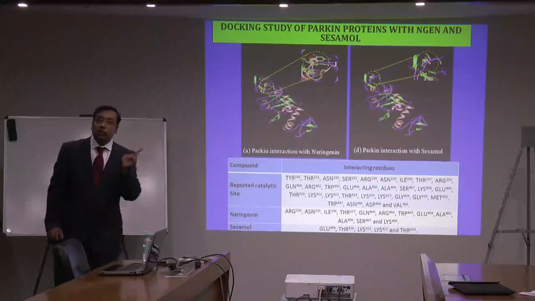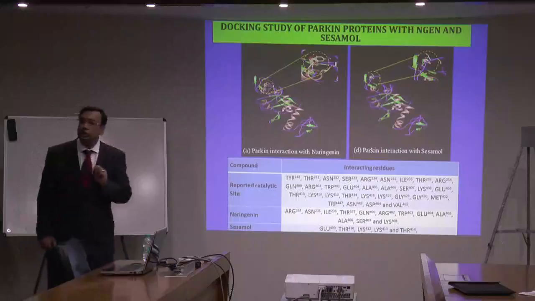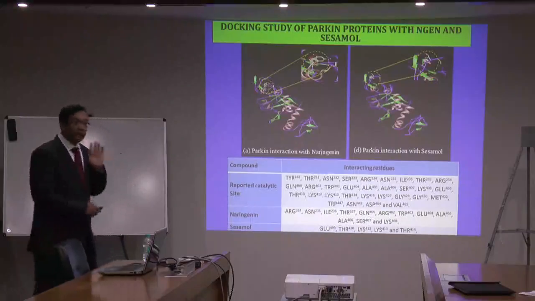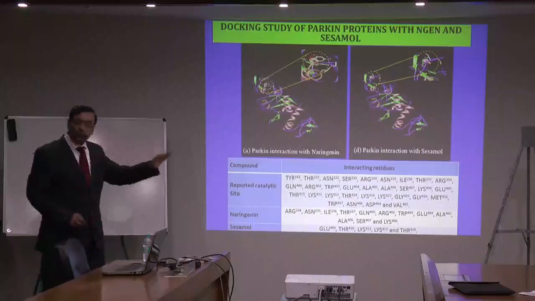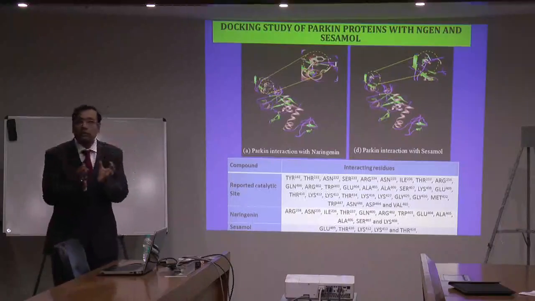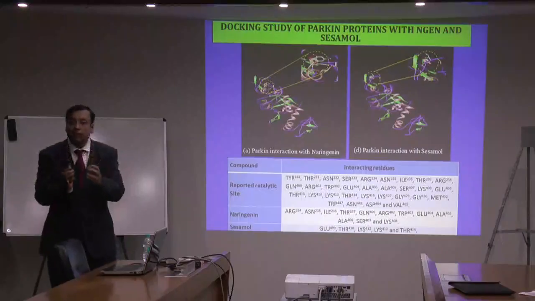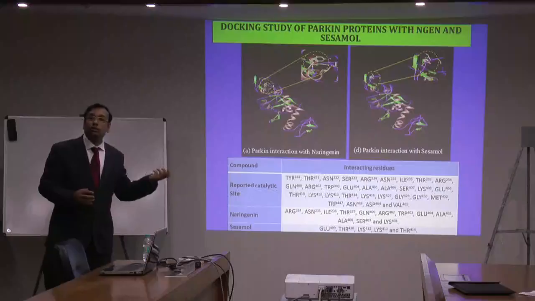DJ1 and Parkin have both chaperonic activity as well as ubiquitin E3 ligase activity. This is the reason we have taken 3 different molecular chaperones as well as ubiquitin ligases: CHIP, Parkin, DJ1. We have also successfully identified that these 3 proteins make a very strong complex which can attenuate the toxic metabolites caused by the body.